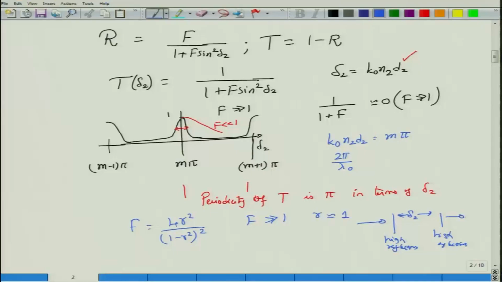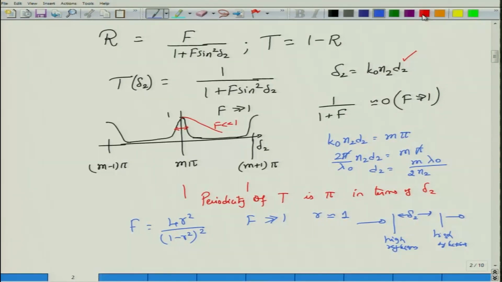Okay. So coming back to what should be the distance d2, don't be surprised if you see a familiar expression now. k0 is 2 pi by lambda 0, and k0 n2 d2 will be equal to some m times pi. Oh sorry, you actually had delta 2 here. Delta 2 was k0 n2 d2, so this is all right, we have actually written this one correctly. So if I now look at what is d2, d2 will be equal to m lambda 0 divided by 2 n2.